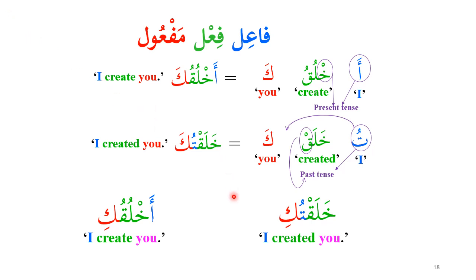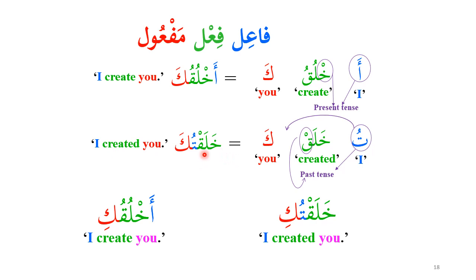Okay, now you see, this fa'il and maf'ul is a pattern that is followed in these verbs. So akhlukuka would mean I create you. So I, akhluku, and ka, you.